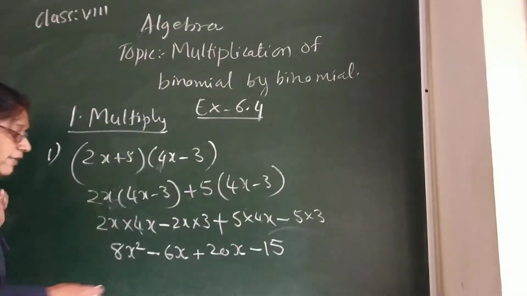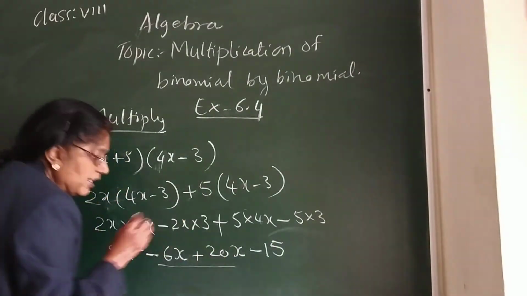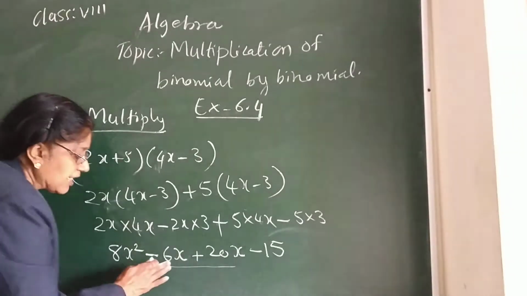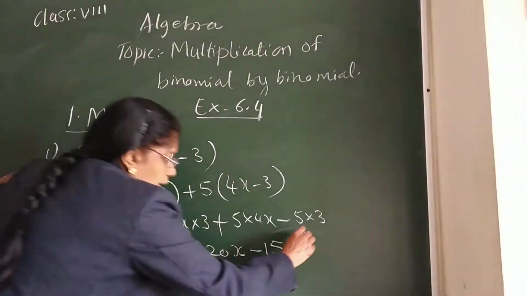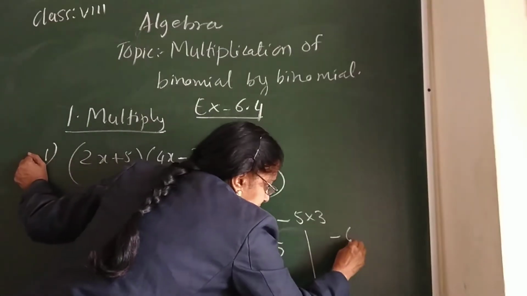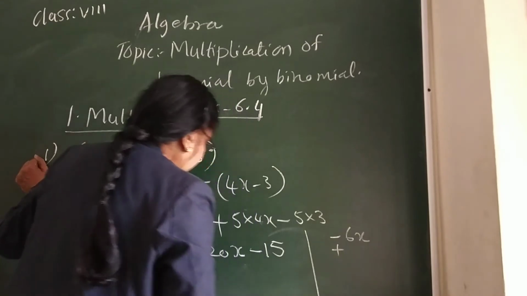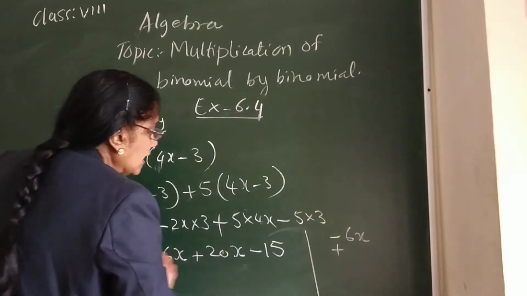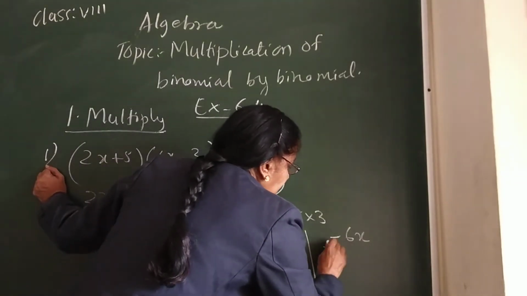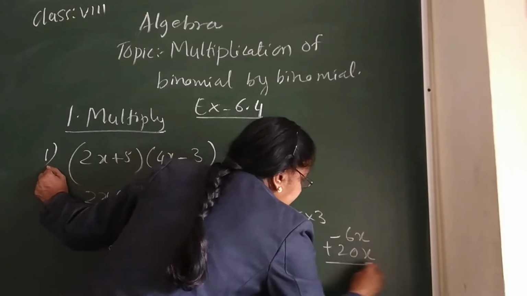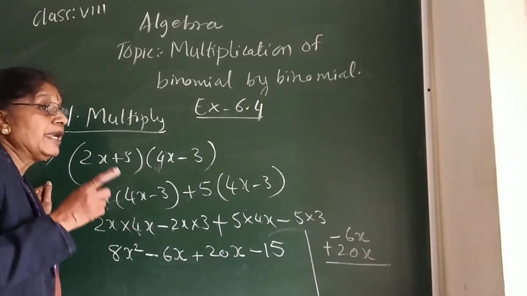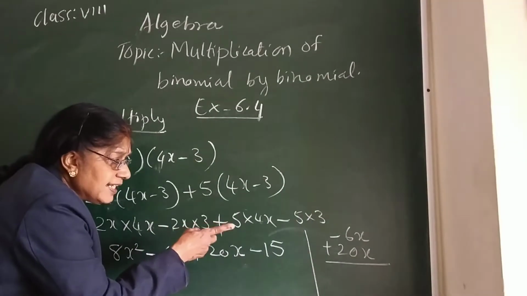So got it? Now again you can see here, like terms are there. So I have to do the working column. Minus 6x plus 20x. Which is the greater number? 20 is the greater number. What sign is there? Plus.